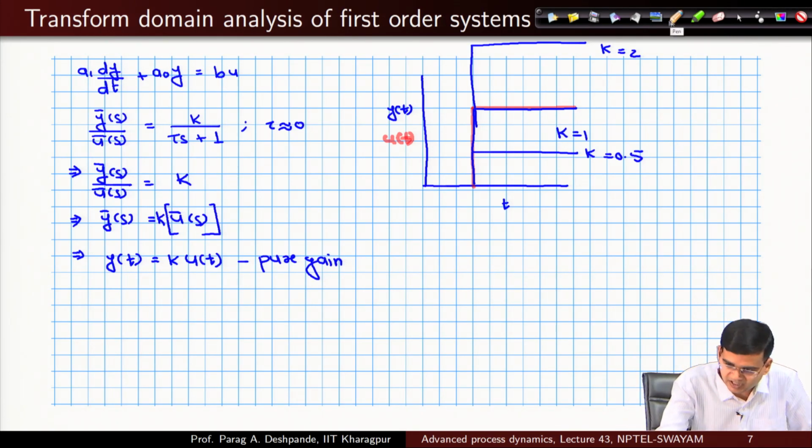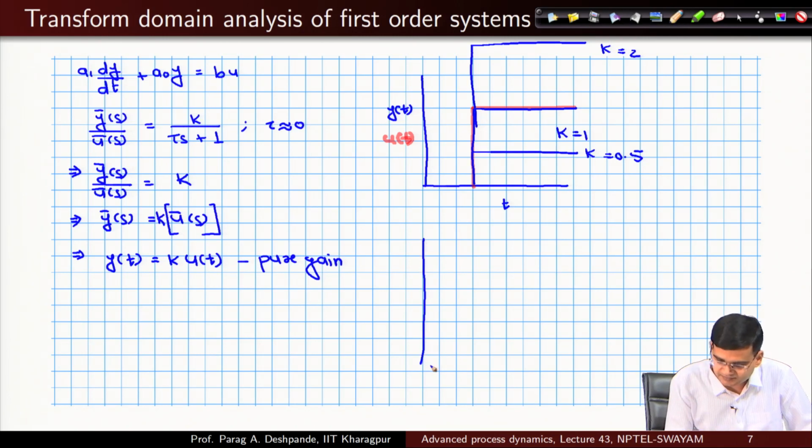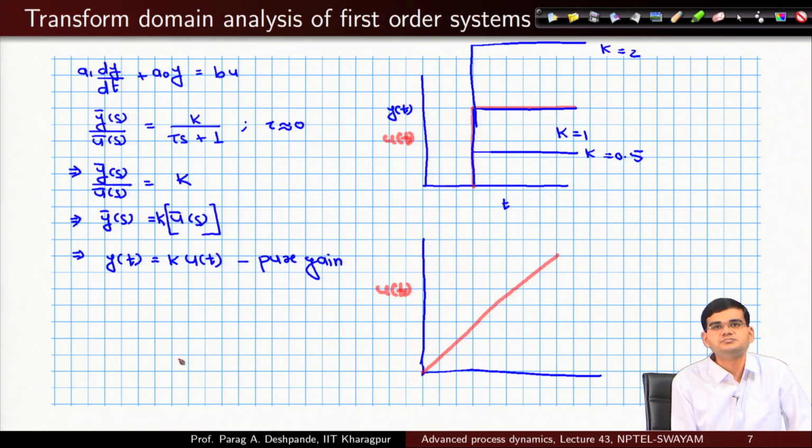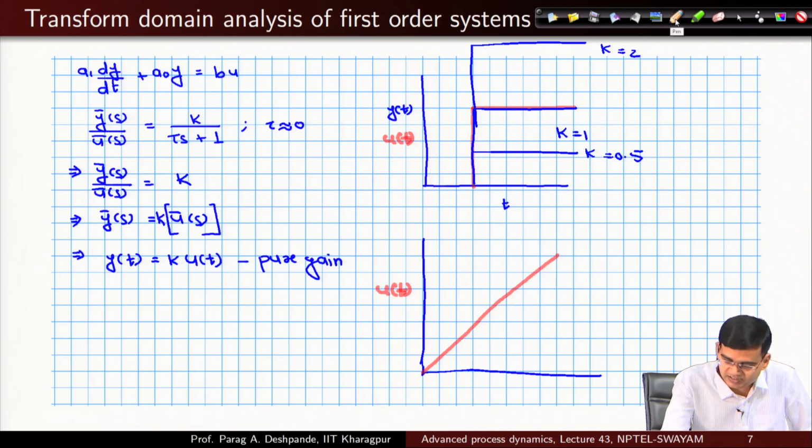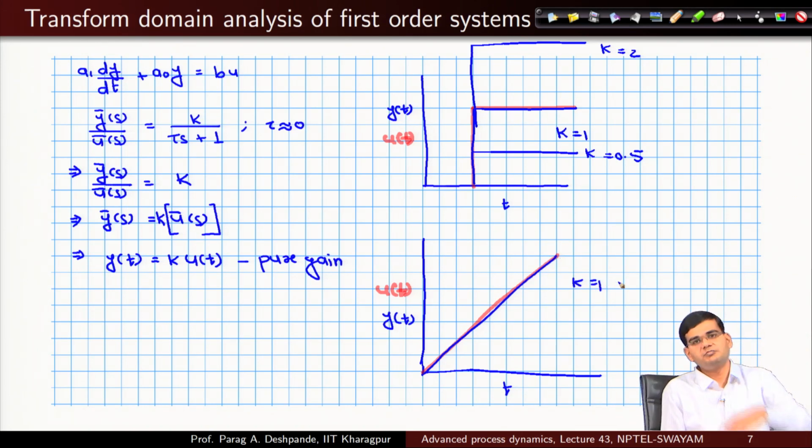So, I can draw this quickly for a ramp function. For k is equal to 1, what you can see is u of t, if this is the ramp function, then what you can see is that y of t versus t would be simply this, k is equal to 1, k is equal to 2, the slope will become double, k is equal to 0.5, the slope will become half.